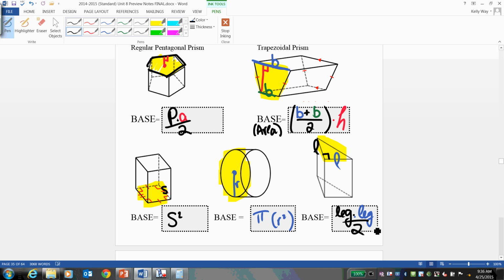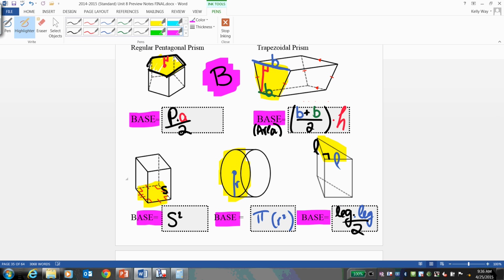So really important, all of these are going to be represented by a capital letter B. So your B will change depending on the shape. And we're going to do several examples together so that you're not intimidated by this.